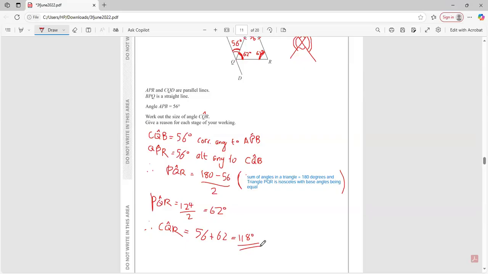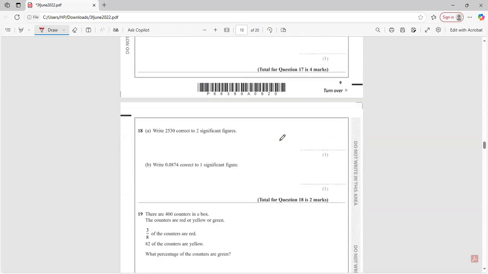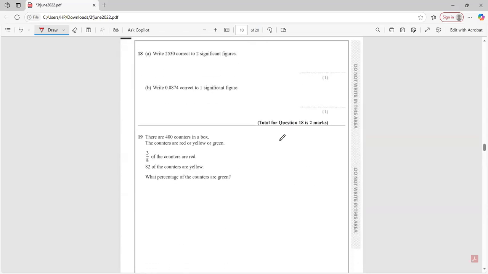All right. Did you get that? Yes. Okay. Sorry, it took a bit long, but I just felt I should explain that a bit. Significant figures should be a walk in the park for you. Yes. All right.